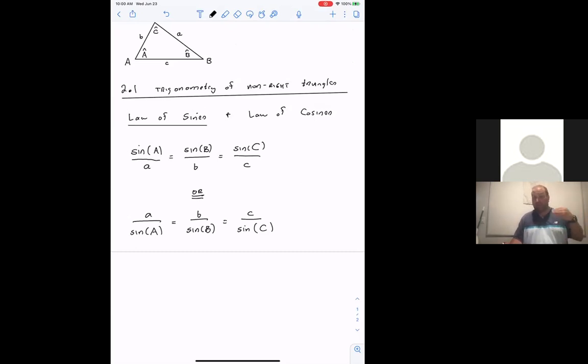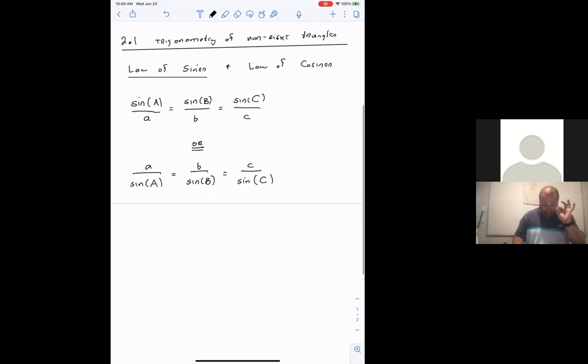So if I'm looking for an angle, I'll use the first version where the angles are on top. And if I'm looking for a side, I'll use the second version where the sides are on top. It doesn't really matter. Either way works. It's just personal choice. The math is a little bit easier if the thing that you're looking for is on top. So let's demonstrate this math with some examples.